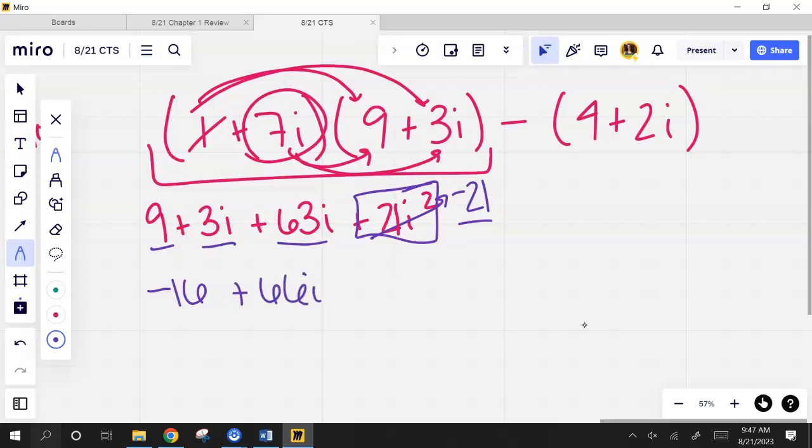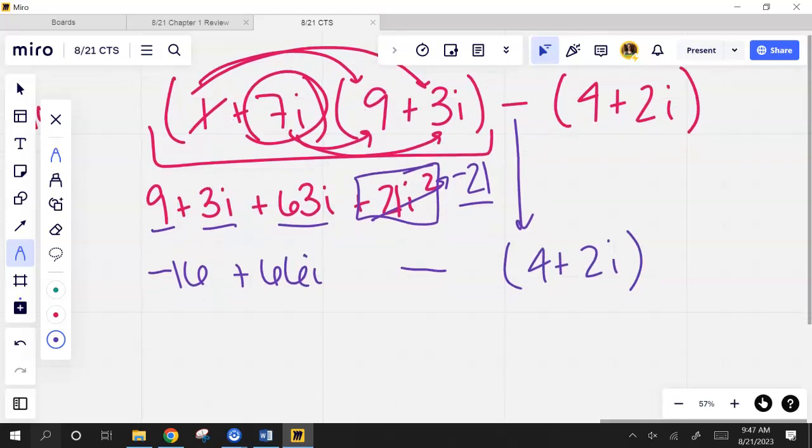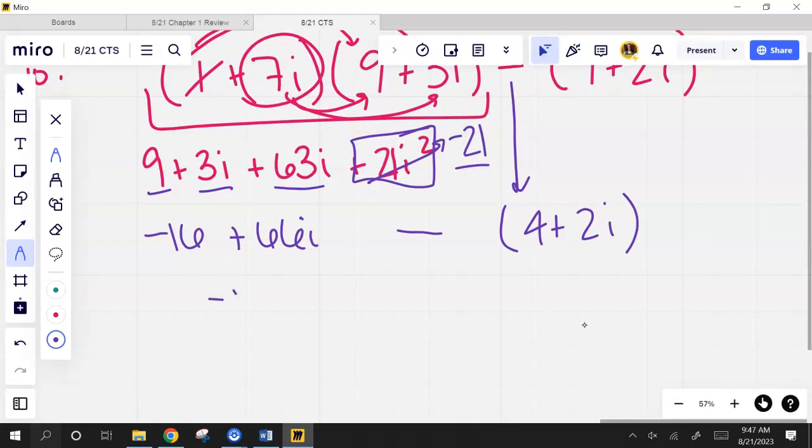Now, I'm not done with this problem because remember this? Minus 4 plus 2i. I'm changing those signs. So now I've got negative 16 plus 66i minus 4 minus 2i.